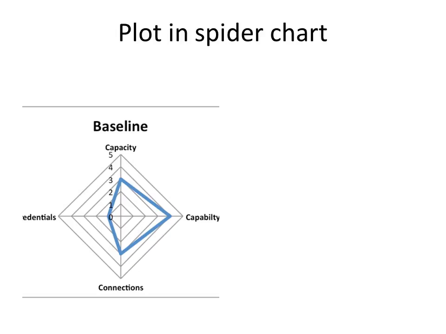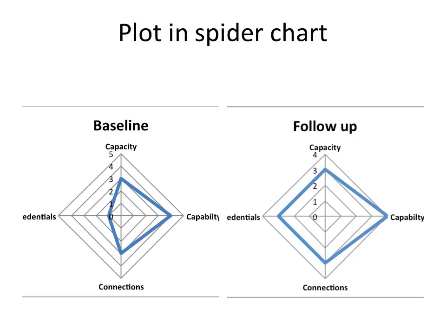But you can see that capability is quite high, but credentials are very low, and connections and capacity are quite moderate. That's where you start, and then the next stage is you follow up a bit later, and the spider chart has filled out, and you can begin to get quantitative measures of those kinds of things.